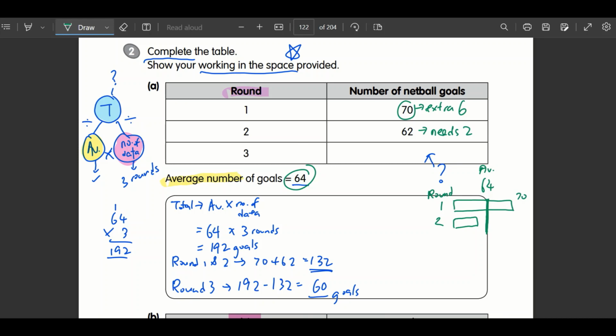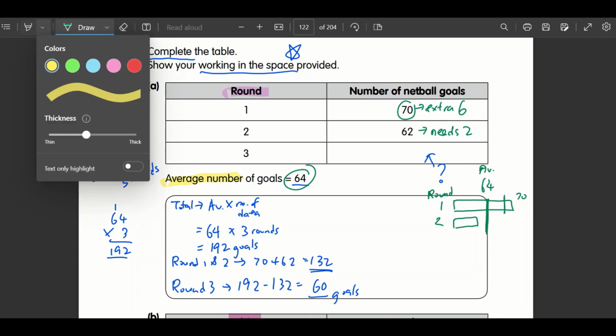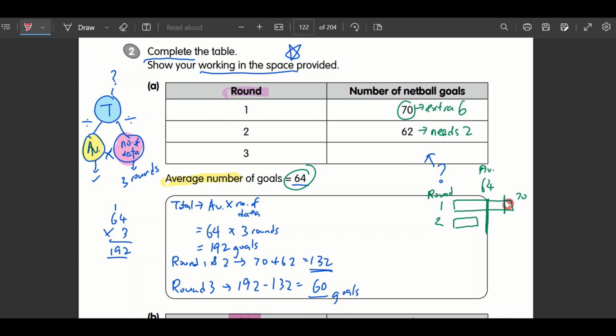So if I look at round 1, and I chop off the 2, let me use a different color, use red. Now here, this is the extra bit that round 1 has, and I'm going to take up 2 and give it to round 2 to top up what's missing.